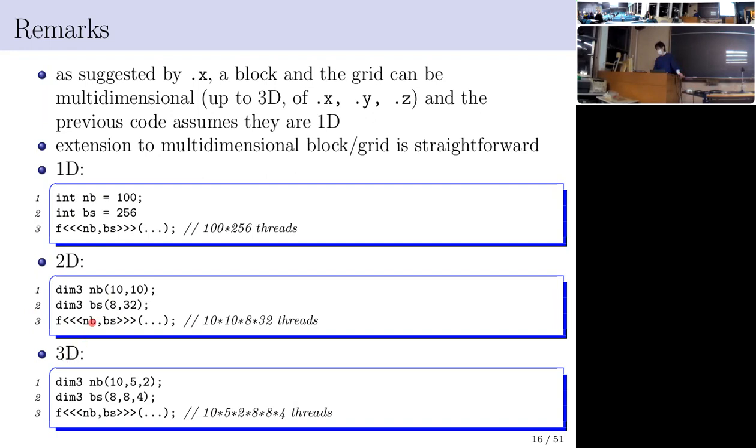But for the sake of convenience, especially when you are working on two-dimensional arrays, you may find something like this useful. And you can also have a two-dimensional number of blocks, and a three-dimensional way of specifying block size and number of blocks. So just use it when you find it convenient. It doesn't affect the performance very much, in my understanding.